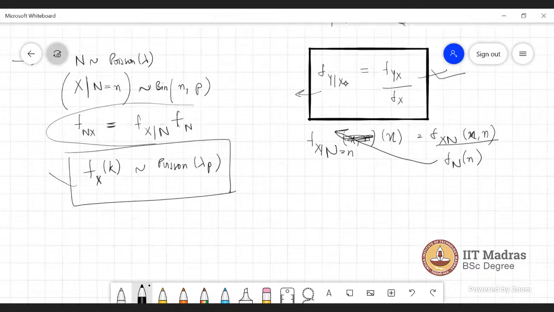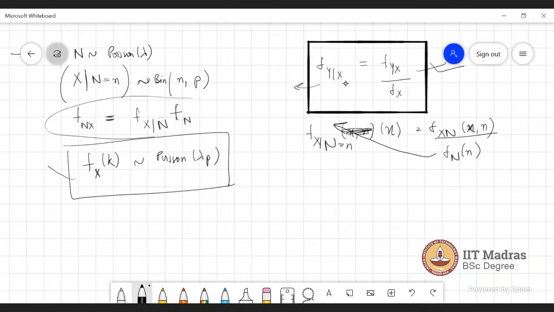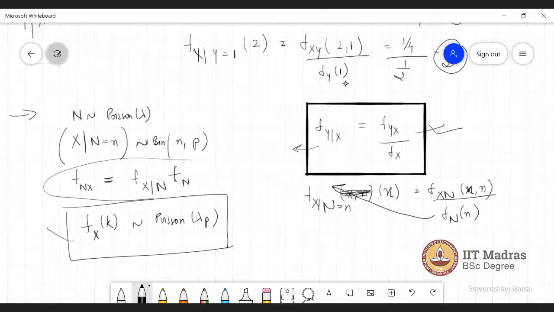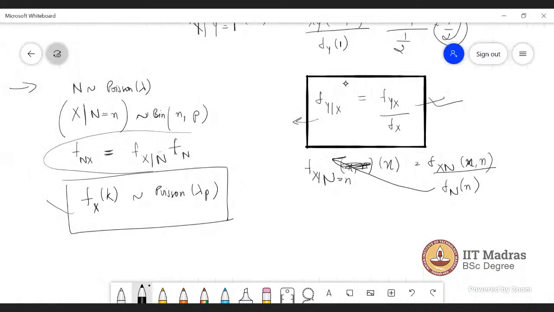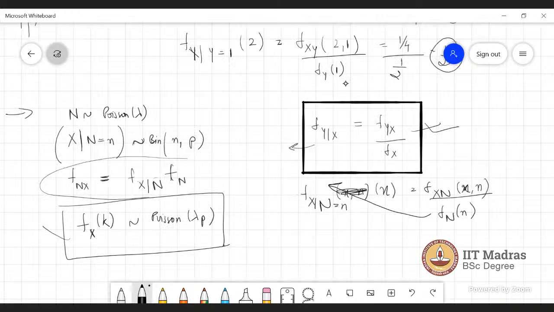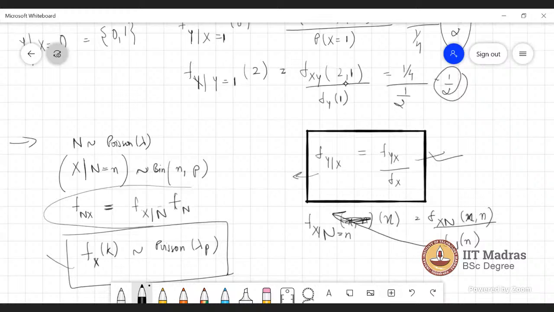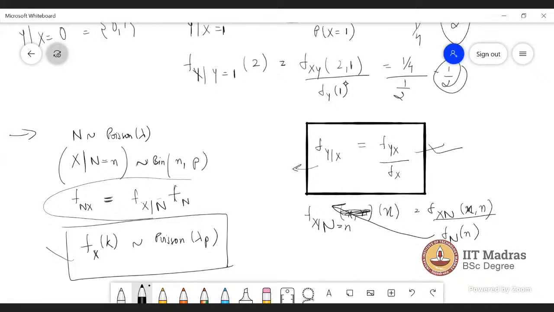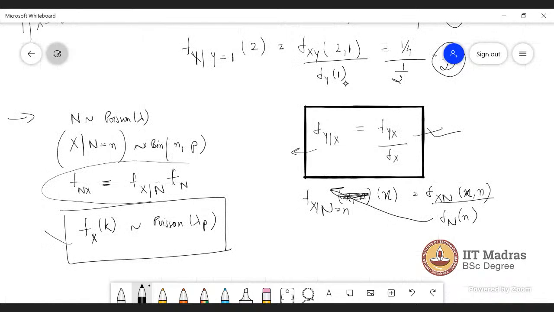In words, the event n follows the Poisson distribution, and x given n follows the binomial distribution, then the distribution of x is Poisson with parameter lambda p.